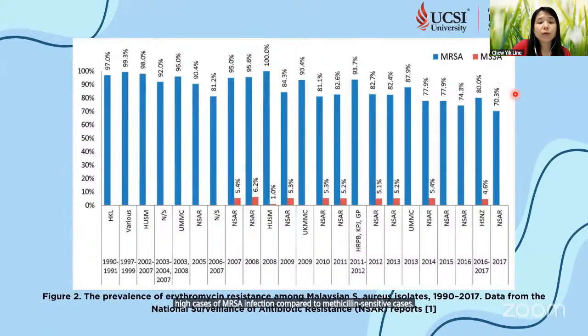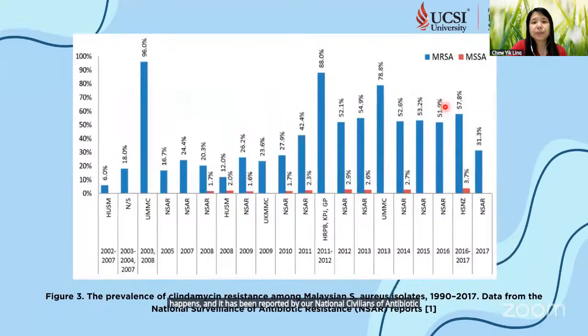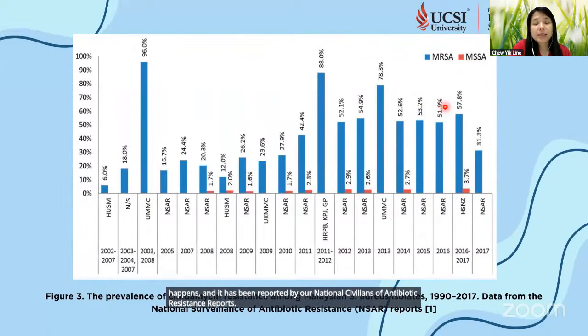And this is the erythromycin-resistant cases among Malaysian S. aureus isolates, also from 1990 to 2017. It shows a very high percentage of cases, and it has been reported by our National Surveillance of Antibiotic Resistance reports. This is the clindamycin resistance among S. aureus isolates.